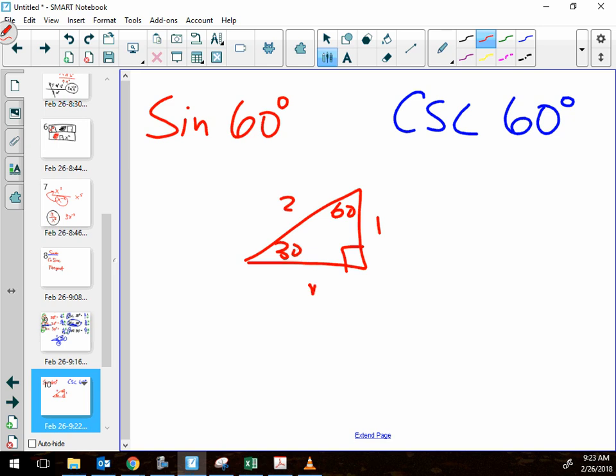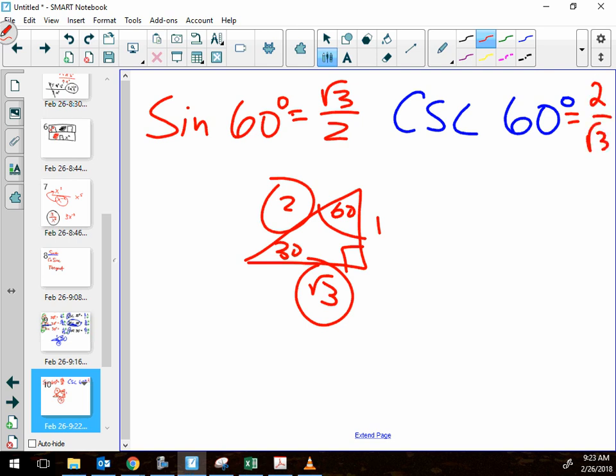But I make these triangles so often, and you should too. By now, I'm hoping you've made the 30, 60, 90 triangle probably like 12, 15 times at least. Not today, but since we started. All right, so I'm going to go back and do sine of 60, which is opposite over hypotenuse, root 3 over 2. So what's the answer for actually cosecant?